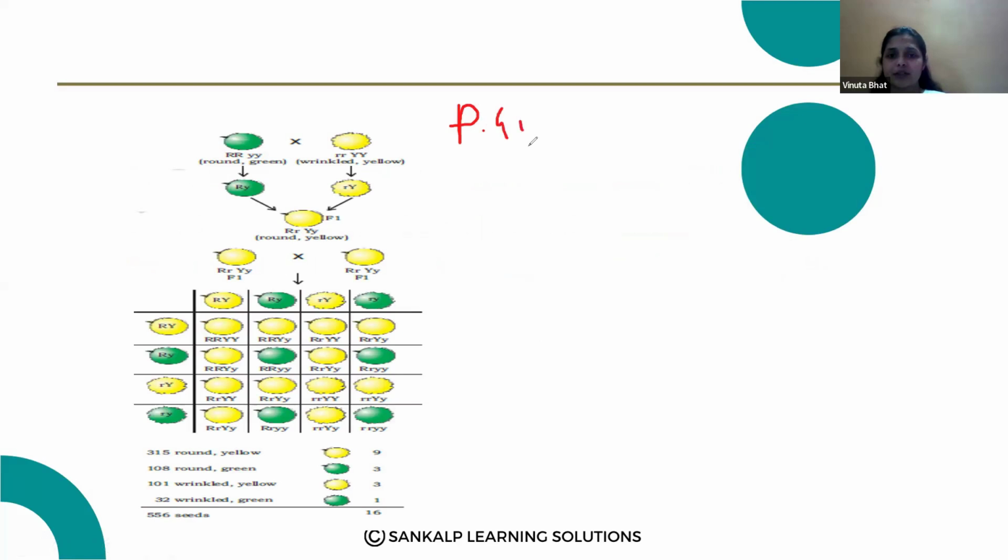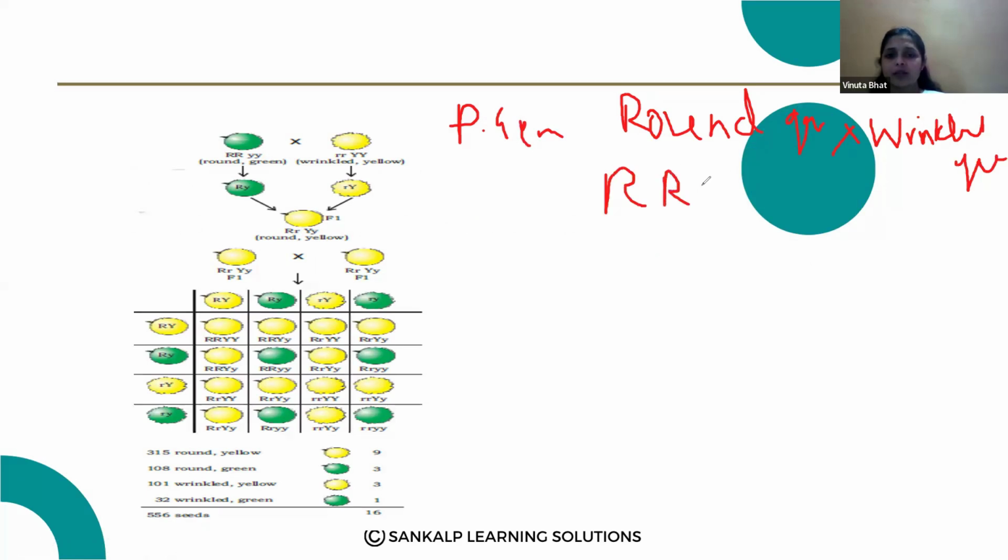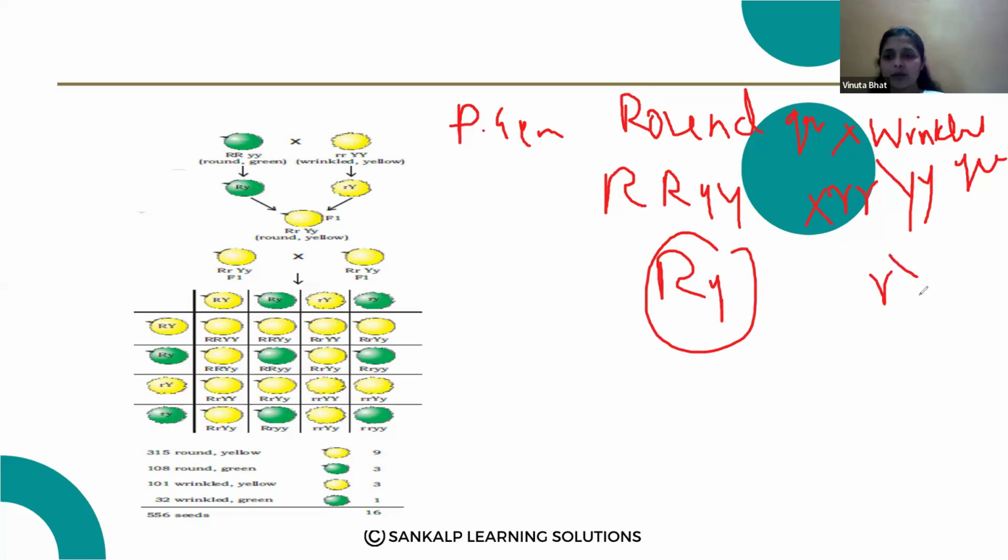Just I will write parental generation, that is round green plants crossed with wrinkled yellow plants, that is capital R, small y crossed with small r, capital Y. So here gametes produced, that is RY, and here small r, capital Y.